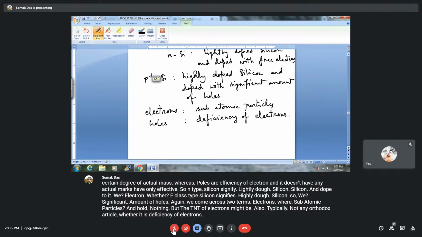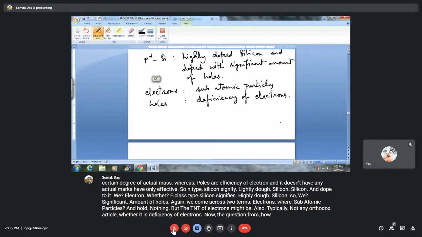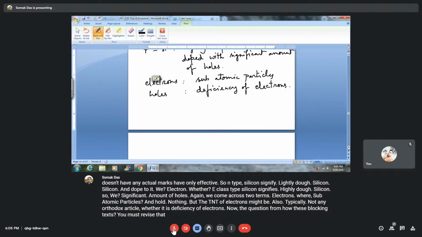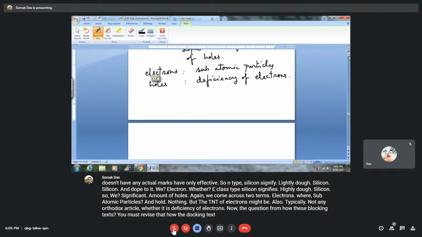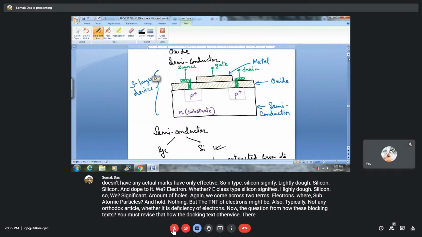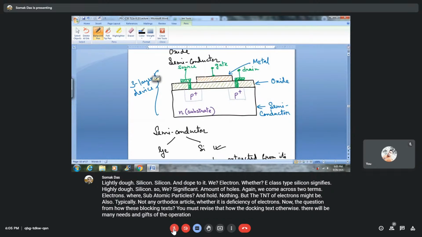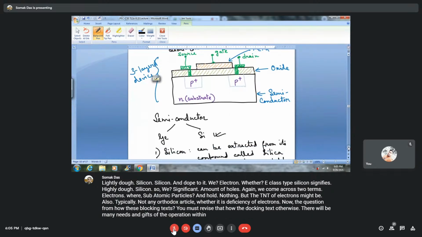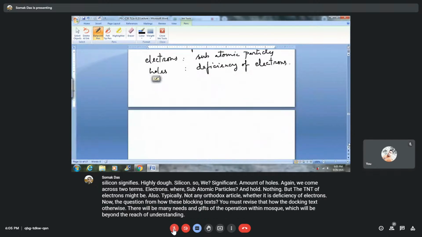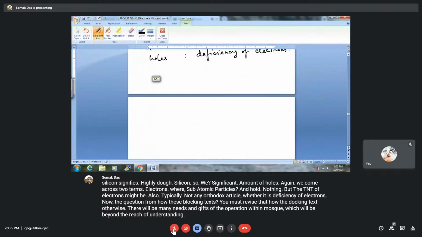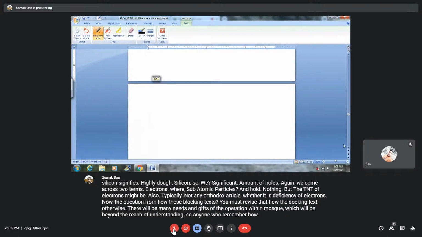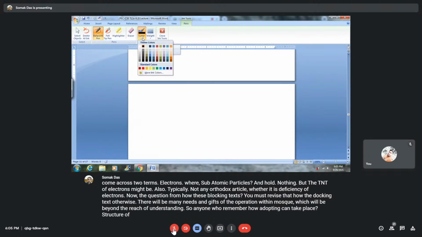Now the question comes how this doping takes place. You must revise how the doping takes place, otherwise there will be many nooks and crannies of the operation within MOS which will be beyond the reach of understanding. So anyone who remembers how doping can take place? Structure of a silicon crystal.